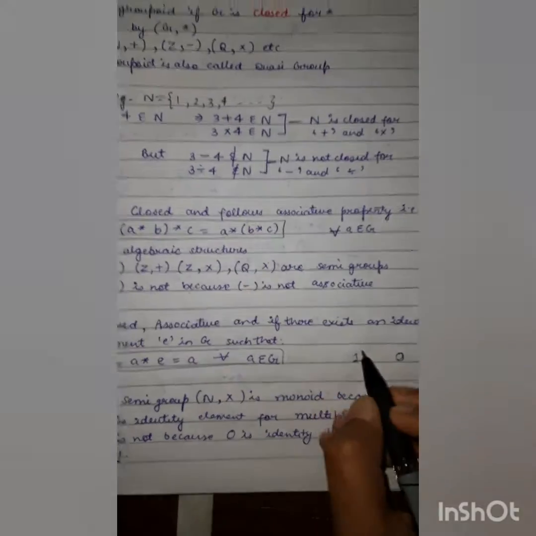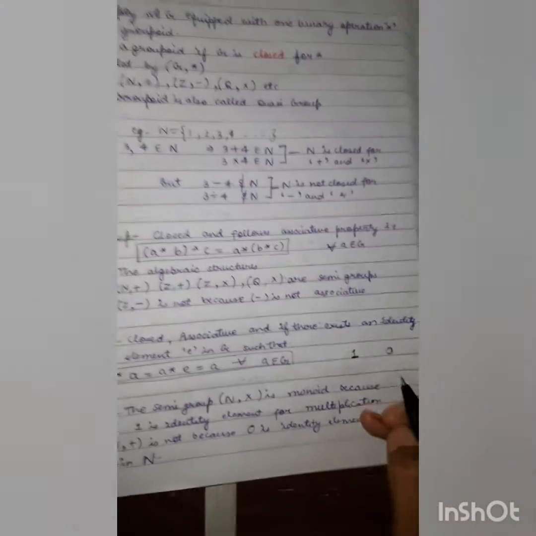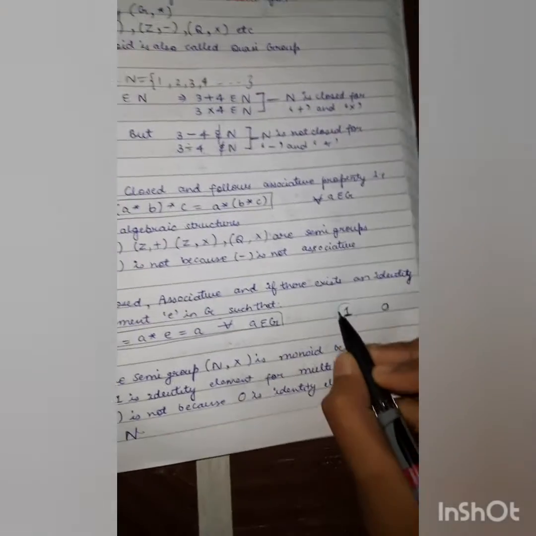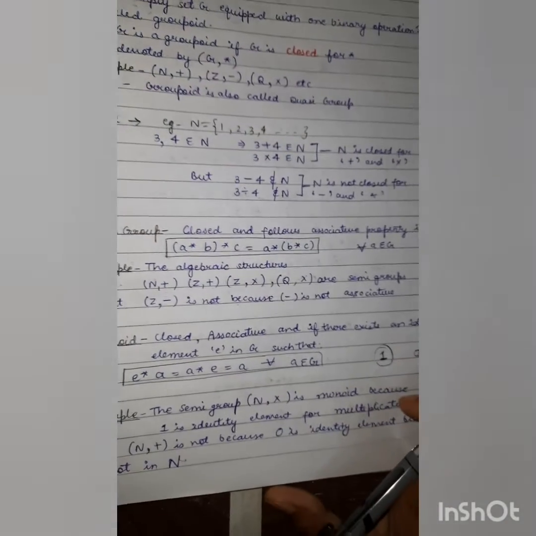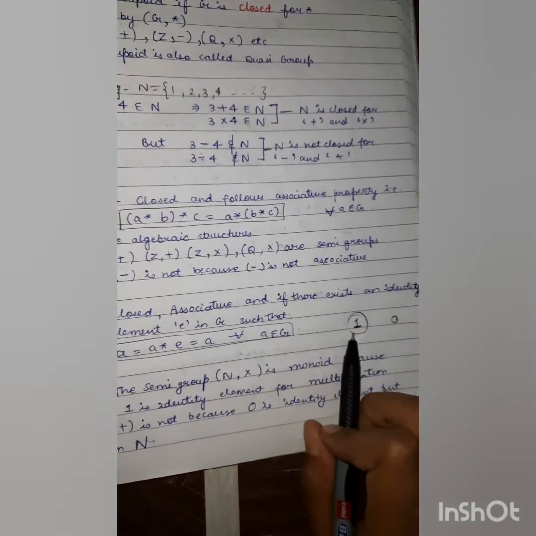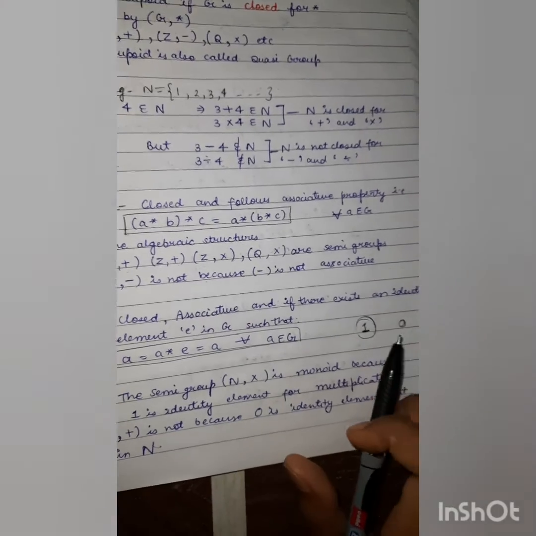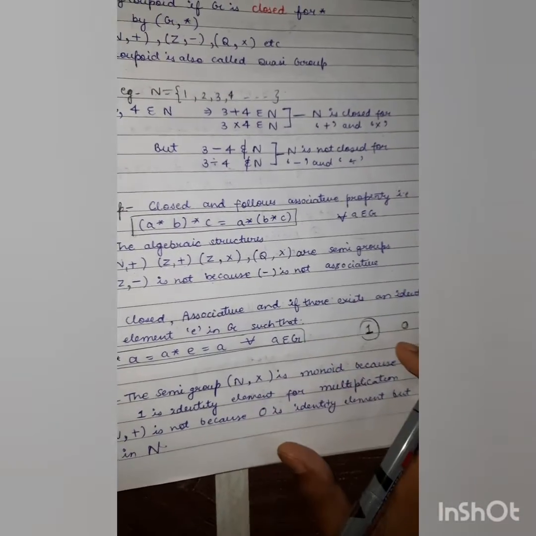We have to note here that 1 is the identity element for multiplication, and if we multiply 1 with any number, then we can see that there is no change.